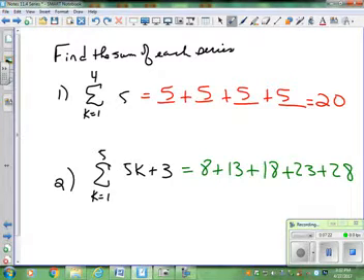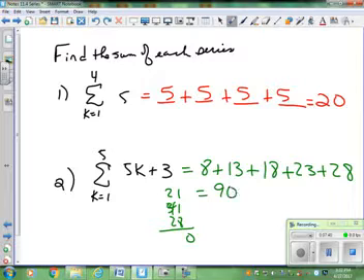And then you add these 5 numbers up, and that gives you the sum. So let's say 8, 13, 18, 23, and 28. If I add them together, it's going to come out with a 0, carry a 1. That's 90. So you can use your calculator to add it up.